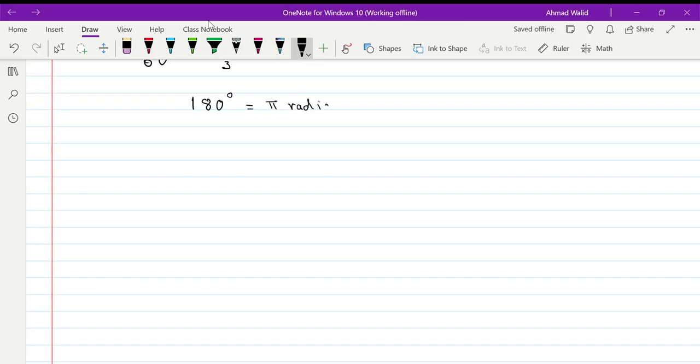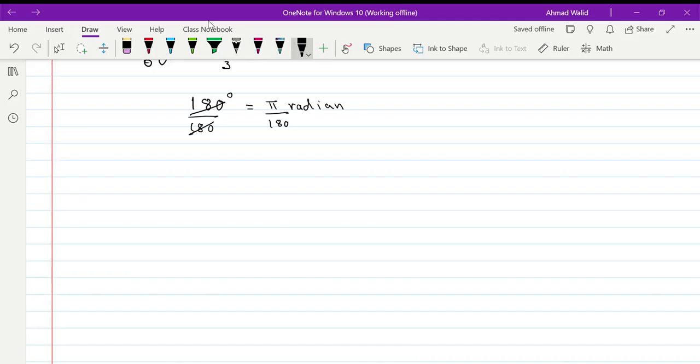I will write completely radian. Now, let's divide both sides of this equation by 180 degree. It means I want to find what is 1 degree in terms of radian, correct? I will divide both sides by 180. Let me erase the degree, just by 180.